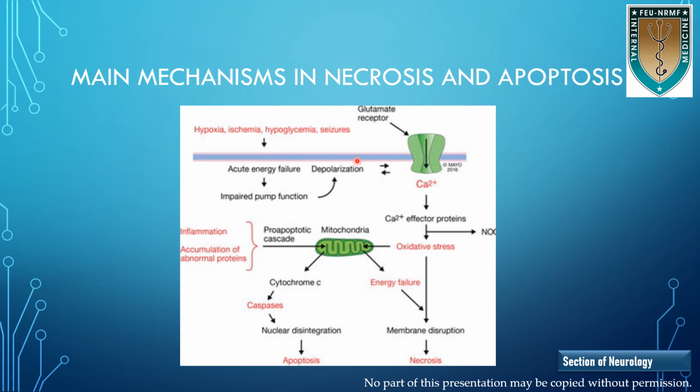So this leads to depolarization, which releases neuroexcitotoxic glutamate in the synapses, which will eventually bind with the receptors of the cell membrane and produce further depolarization.